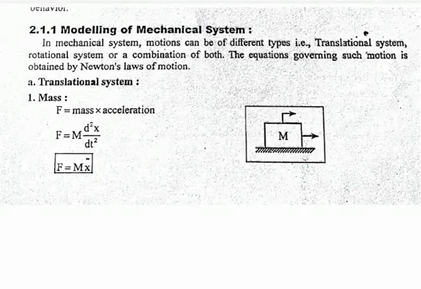You can take any type of system: if it has motion, either translation or rotation, or sometimes a combination of both, only such systems are called mechanical systems.